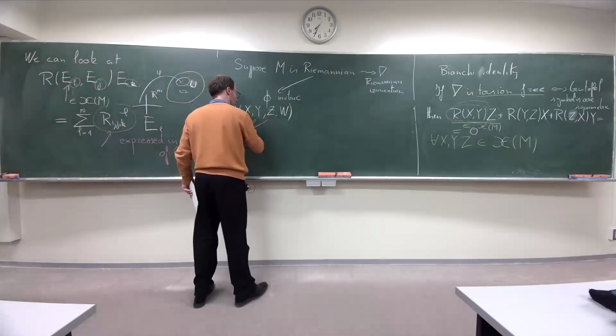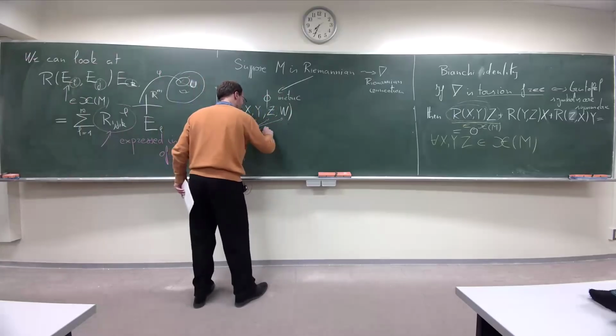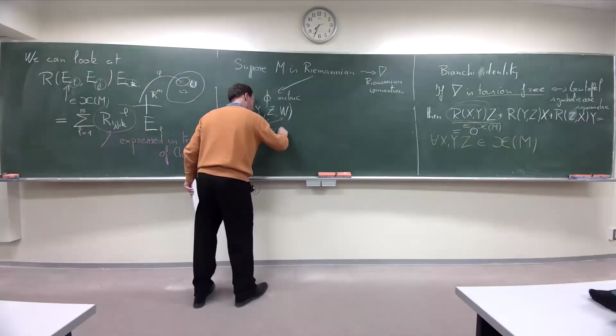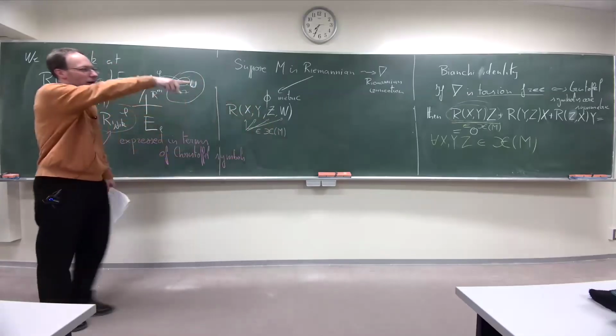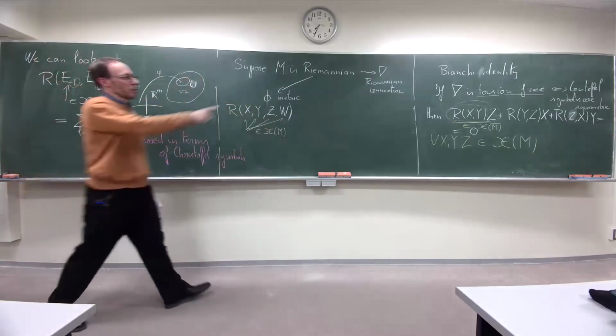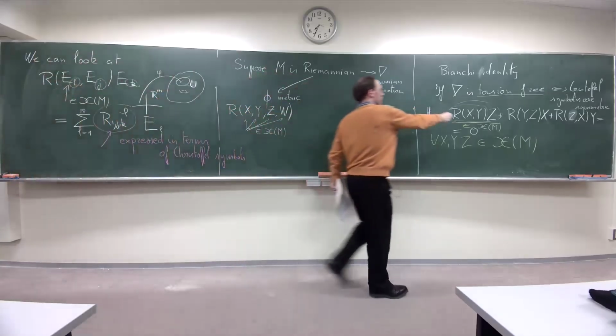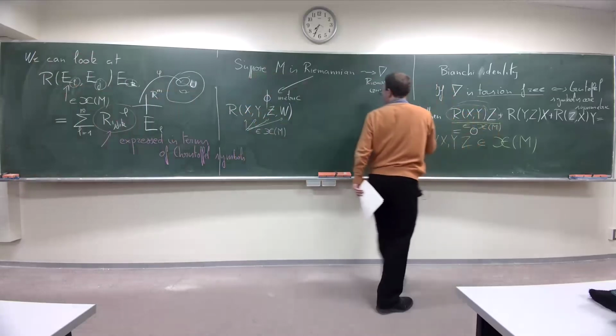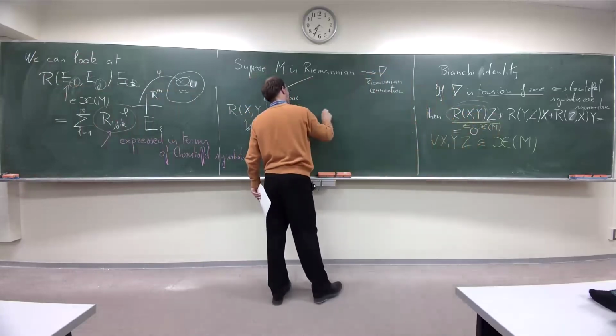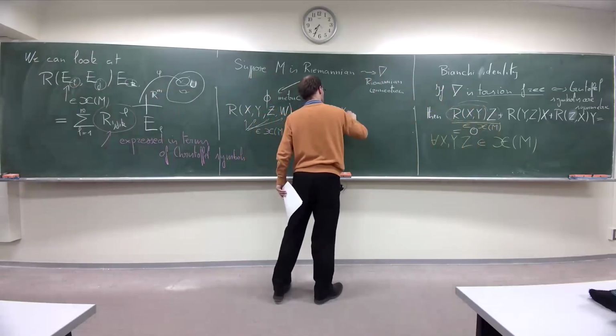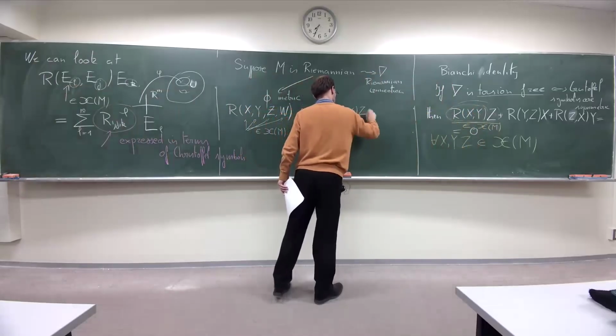So all of them are vector fields. And I want to use what I have here. So I define this as R of X, Y, Z.